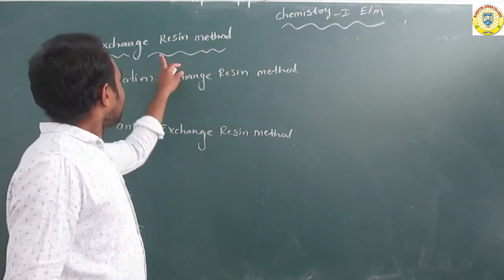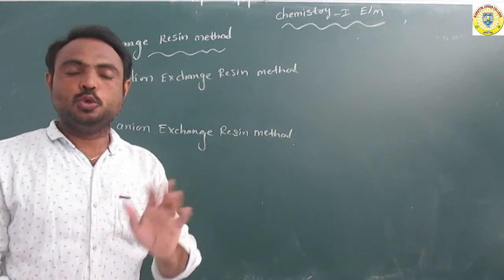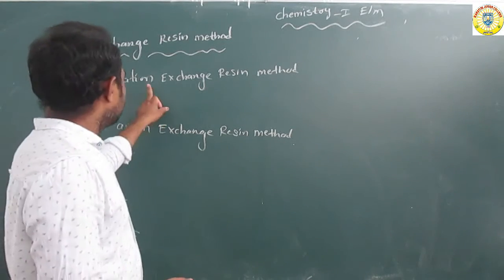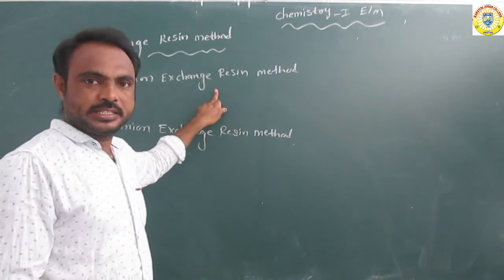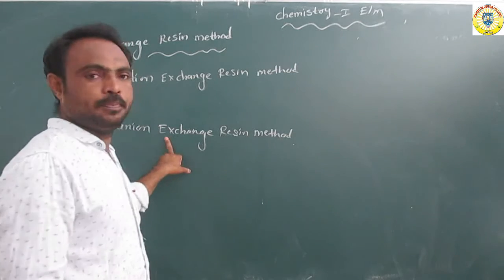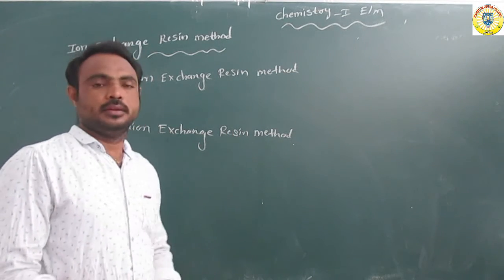So the ion exchange resin method contains two steps. First step is cation exchange resin method. Next step, anion exchange resin method.